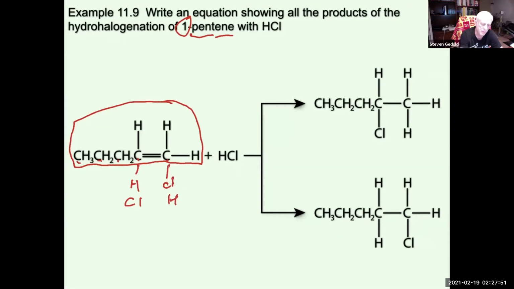Okay. So you open up our double bond. We put the chlorine to the left, the hydrogen to the right. Put the chlorine to the right and the hydrogen to the left for the other product. All right. And then we look at them. Looking at those 2, is the top or the bottom going to be major minor, or is it going to be a 50-50? If it's major minor, which one's going to be the major, which one's going to be the minor?